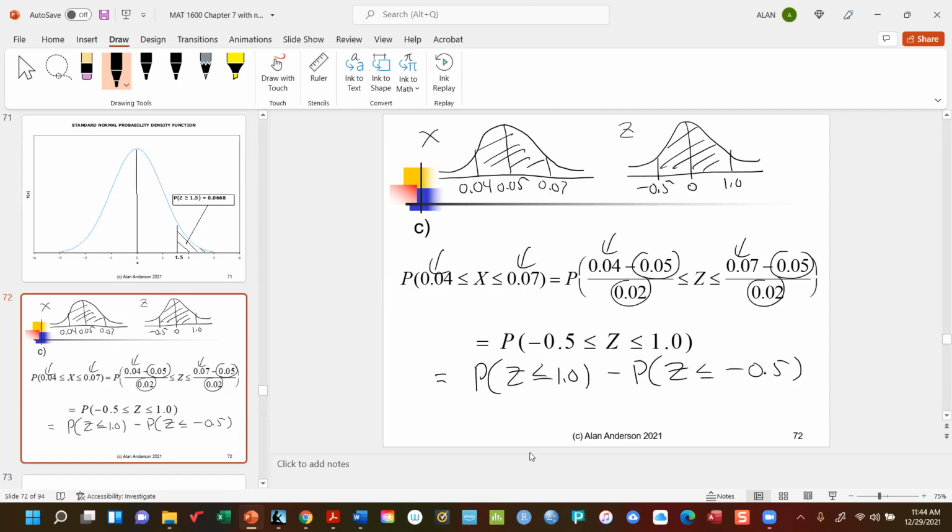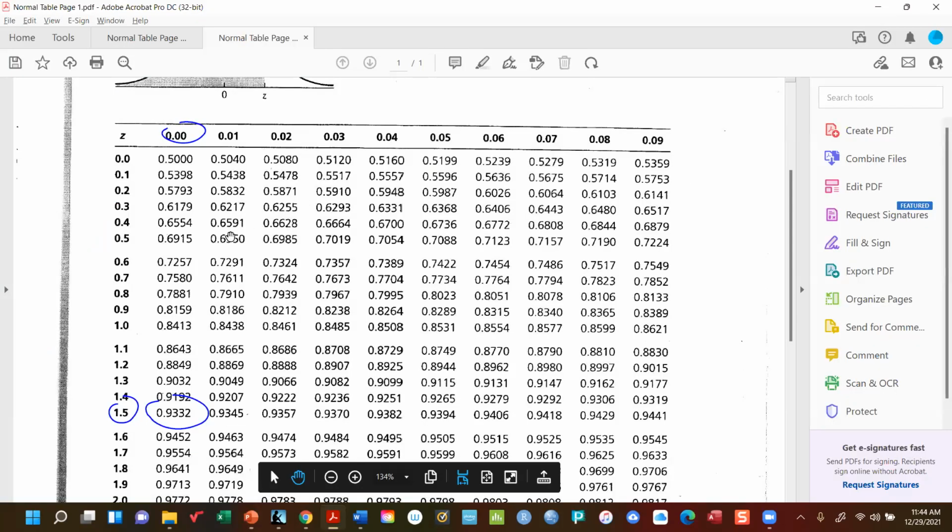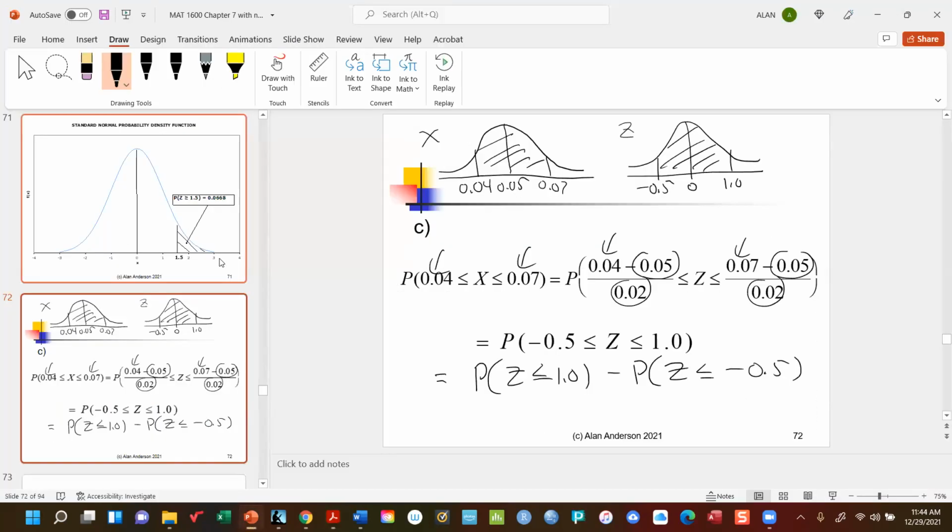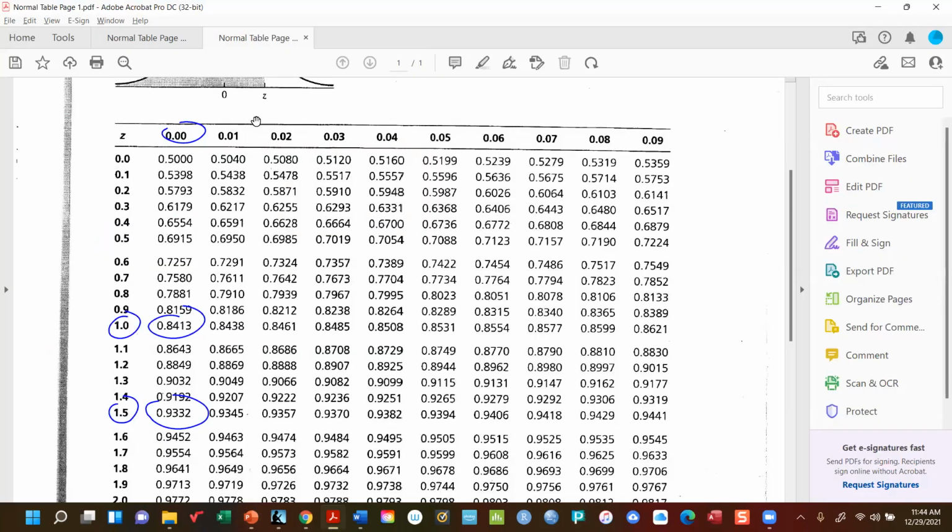All right, so I guess we can do that to get a little practice. 1.0 is this one. The intersection of 1.0 and 0.00 is 0.8413. The -0.5 comes from the negative table, of course.